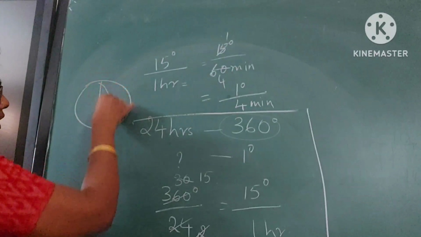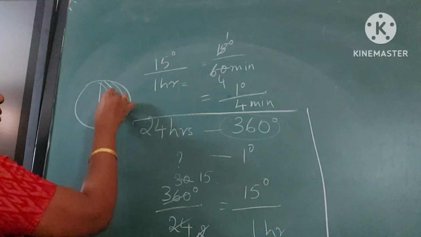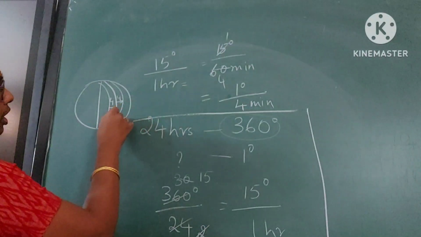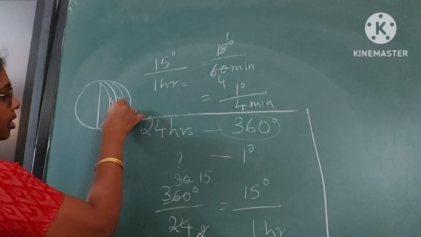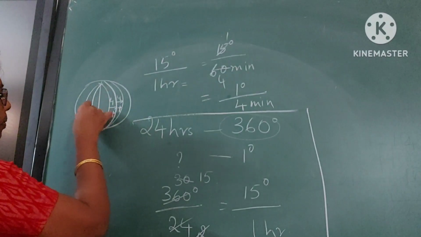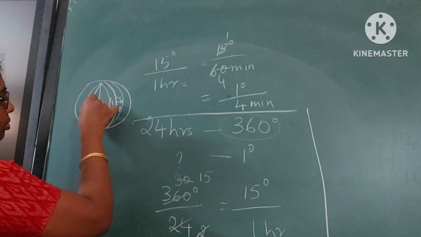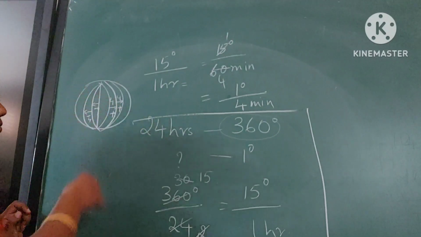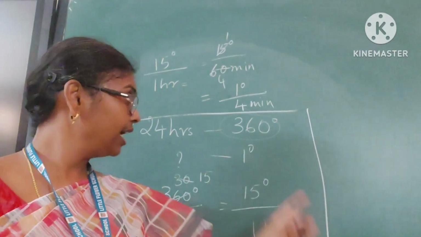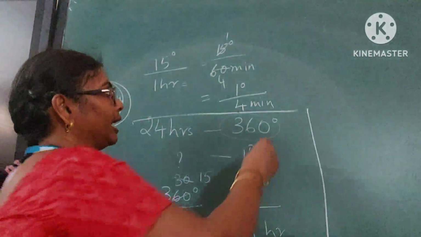If you are going east side, you will be adding. If you are going west side, you will be subtracting 4 minutes. Right? So with the help of this, we can know the local time.